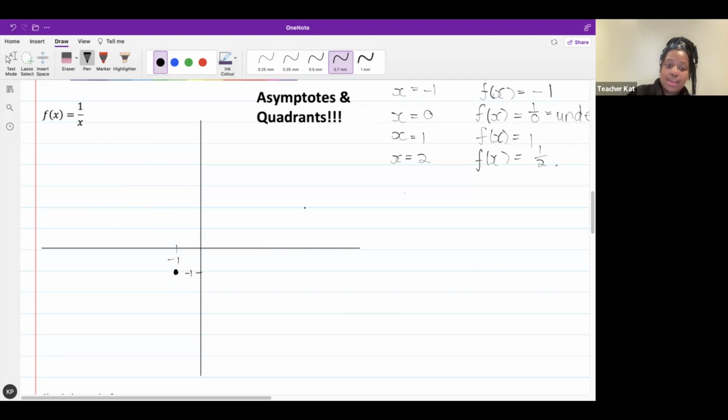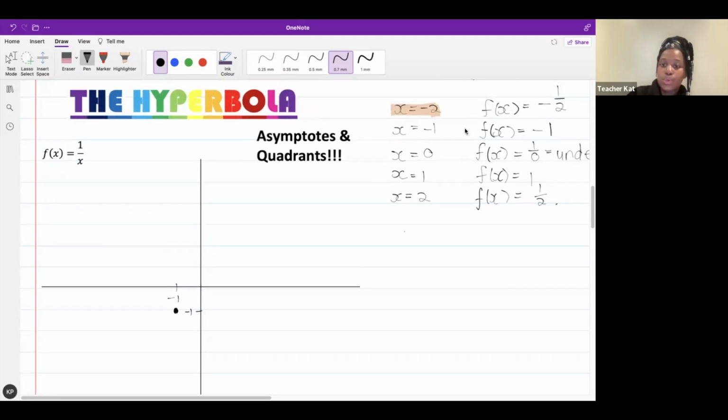Interesting. All right. The next one says, when x is -2, y is -1/2. So it's over here. It's getting closer and closer. Do you guys see that?